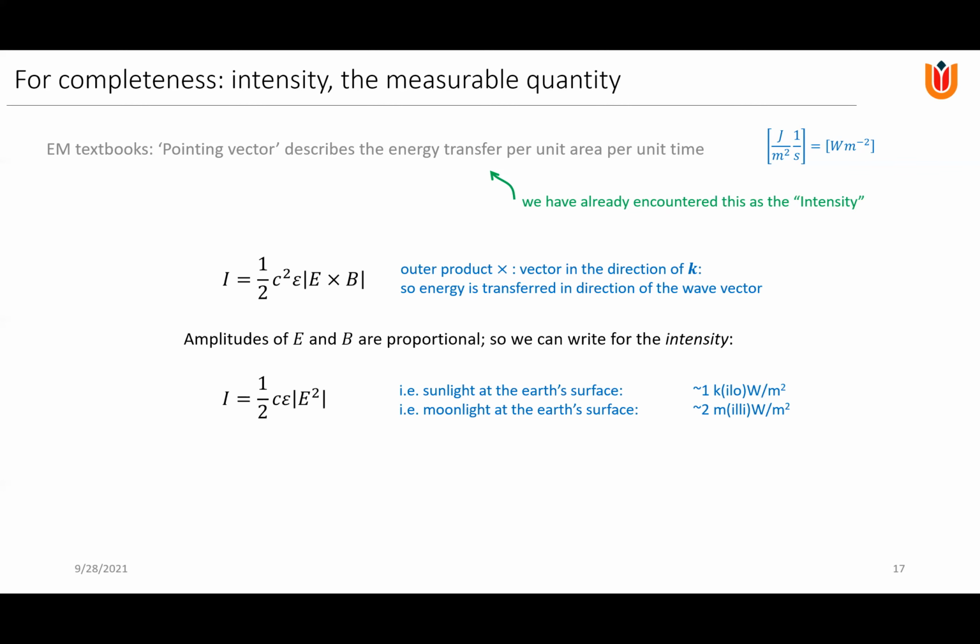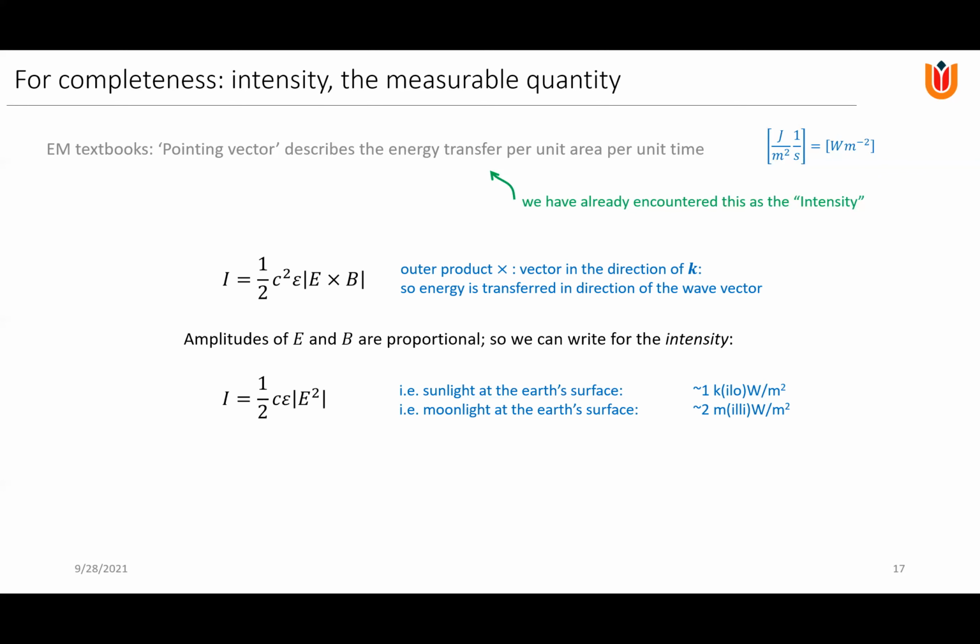Just to give you a little bit of feeling for the numbers that we have. The step I'm skipping here is that the electric field and the magnetic field are proportional. The magnetic field is much less in strength than the electric field, so we can usually factor that out so that the intensity is going to be proportional to the electric field squared.